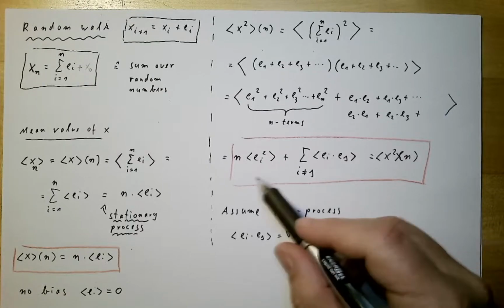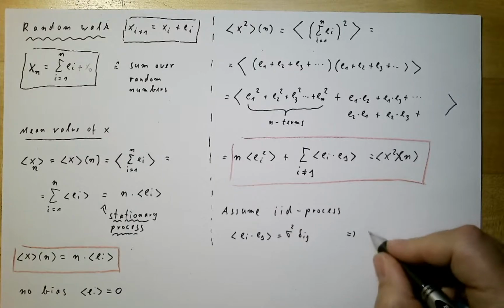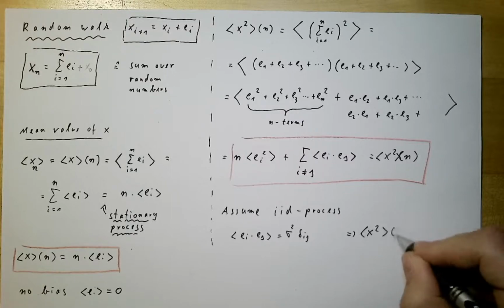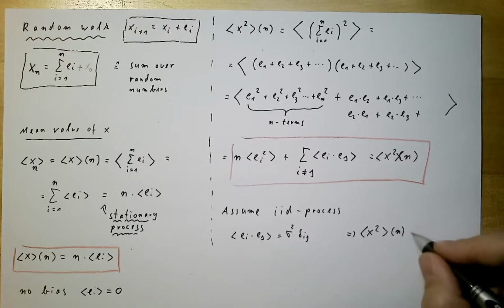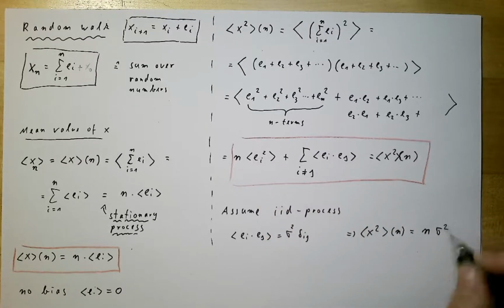And then we see for an IID process that the second moment as a function of n equals n times, and this here is again the variance sigma squared.